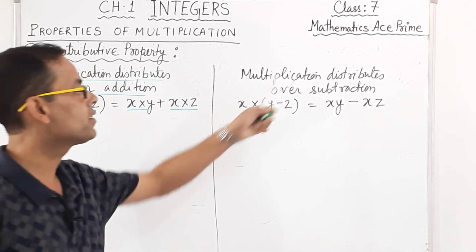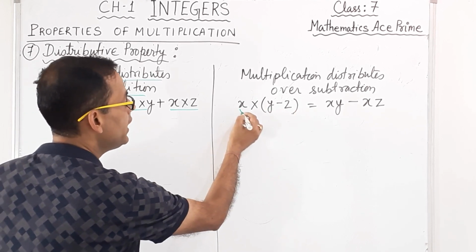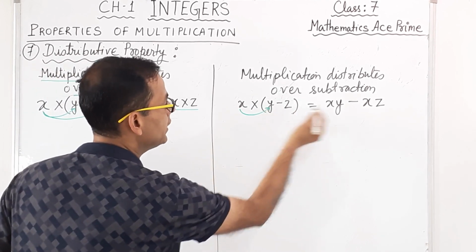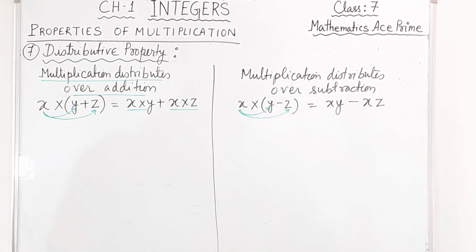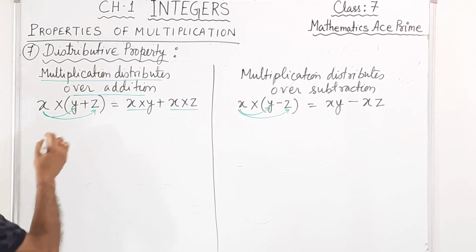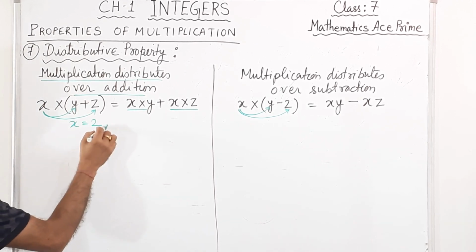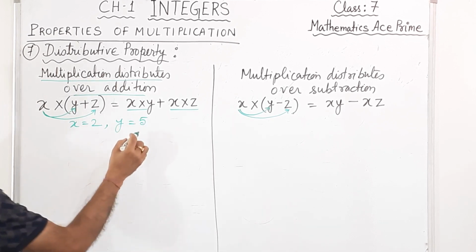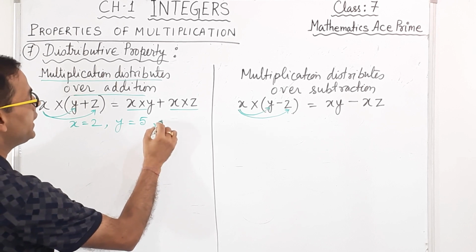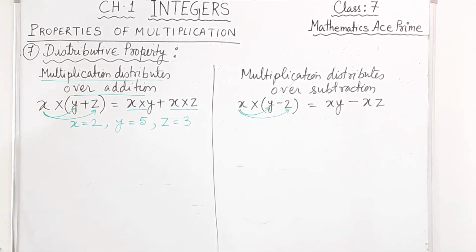In the same way for subtraction, x into (y minus z) will be x into y minus x into z. Now if I take one example, suppose x equal to 2, y equal to 5, and z equal to 3, then how do we do it?